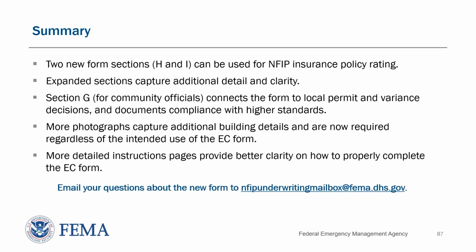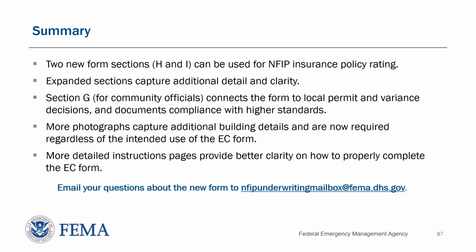So in summary, there are two new form sections that can be used for flood insurance policy rating without the need for a professional survey. But surveyed elevations are still required for other uses like floodplain management and letters of map change. There are expanded sections throughout the EC to capture additional detail and clarity. Section G has been expanded and enhanced.